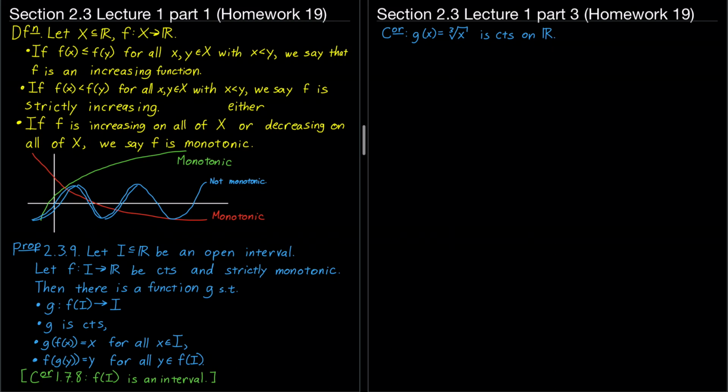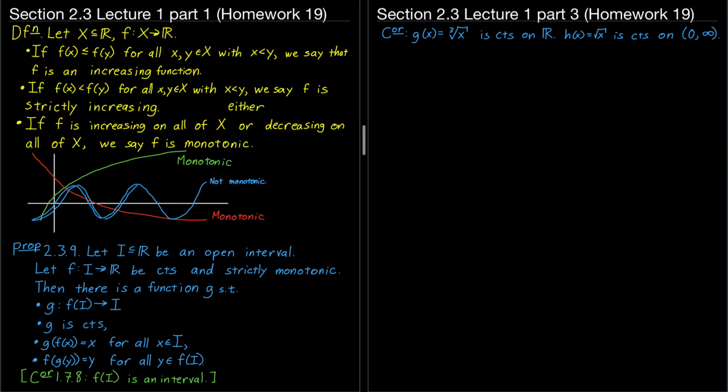X squared is not strictly increasing on all the real numbers, but it's increasing on the positive numbers. So the square root of x is continuous on the interval from 0 to infinity.